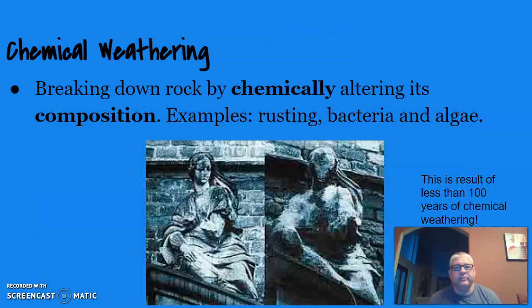We'll first start with this. This is a picture of a statue on top of, or part of, a building, and it's only 100 years old. It is happening because of acid rain. Everybody always asks if acid rain is going to burn your skin.